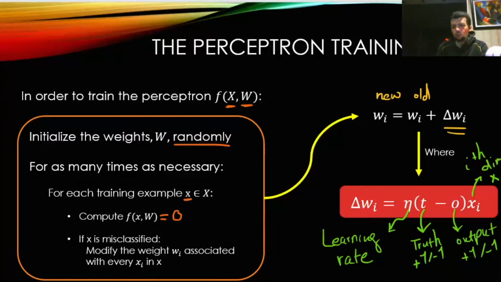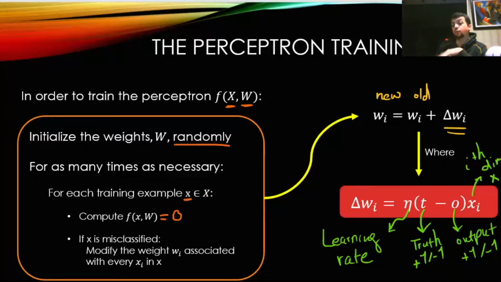Okay, now let's think about it. T minus O times x_i, in short, I'm going to explain in more detail, is how much you're going to change. It will tell you how much you have to change your w_i. That learning rate over there just makes sure that the change that you will make to your w_i is not too aggressive.